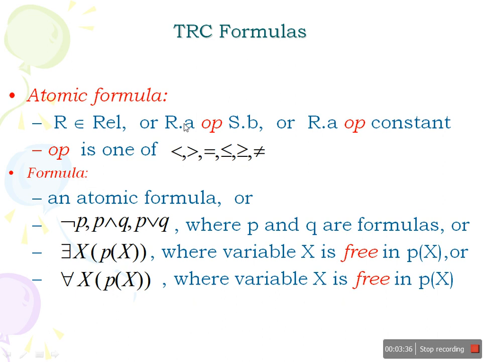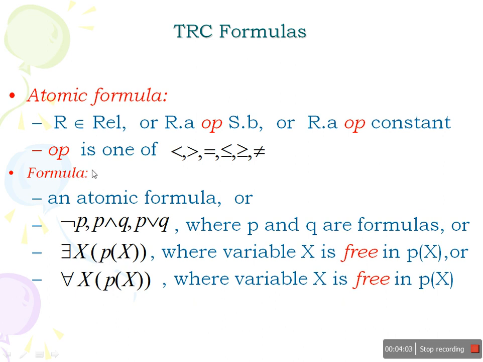You can see that on both sides we can have attribute values. All these three are the atomic formulas which can be included in P of T. Here op stands for operators: less than, greater than, equal to. These operators can be used in the formula.